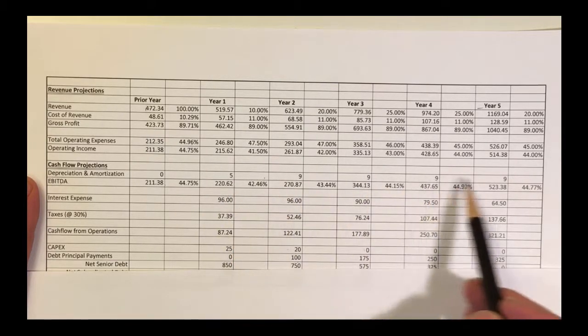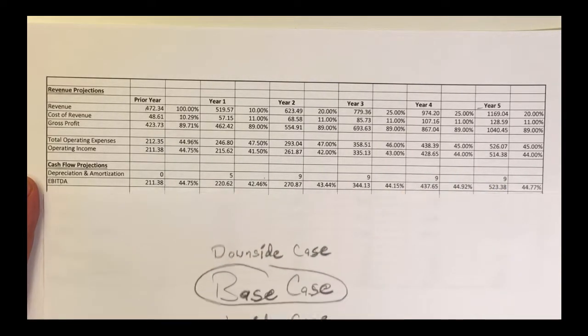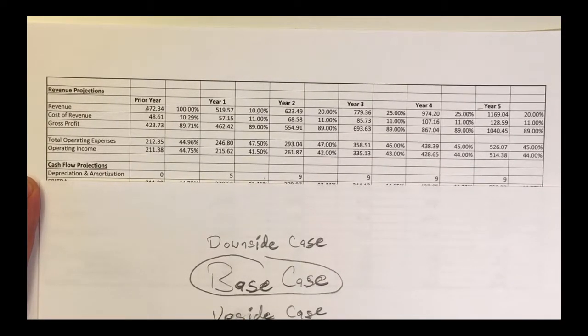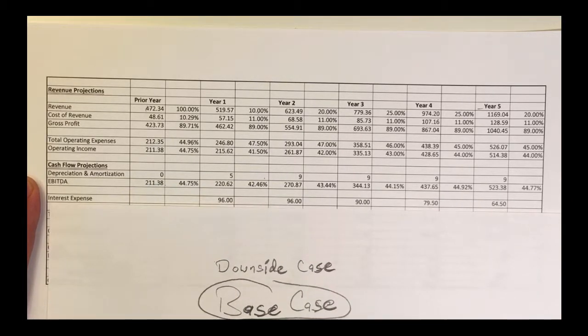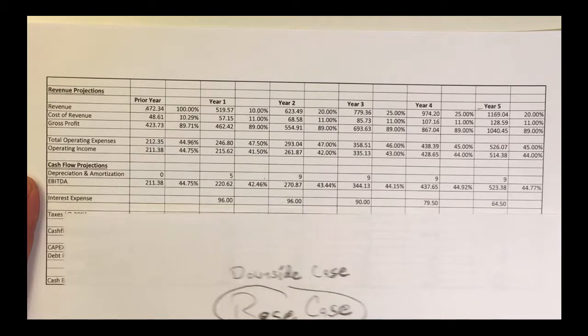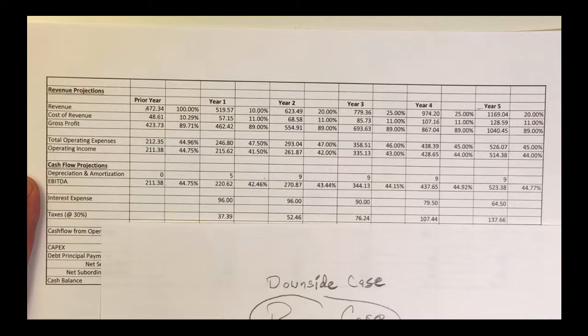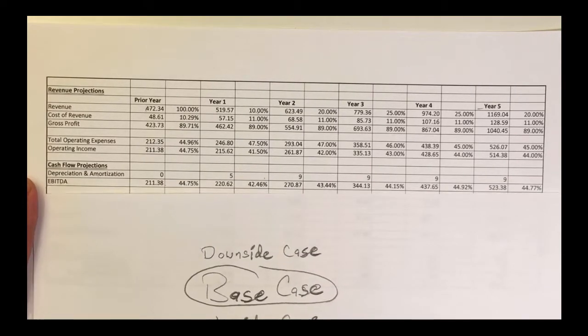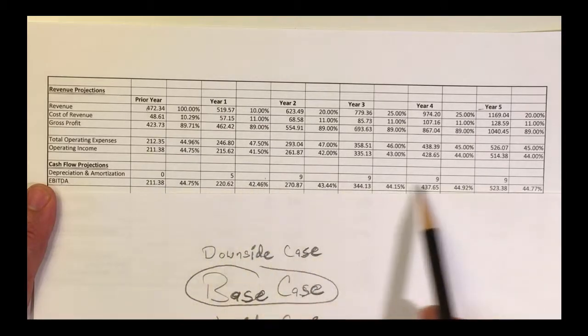But not a very significant item. Again, depreciation and amortization tends not to be a big item in software businesses because there's not a lot of capital equipment required to run the business. It's a very people and intellectual property oriented activity. Okay, so that's where our EBITDA projections are coming from.